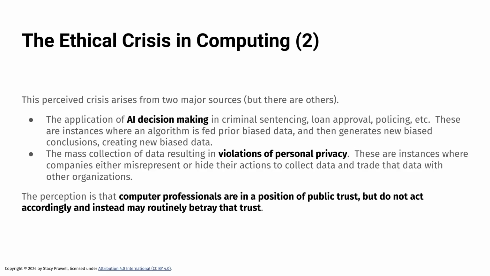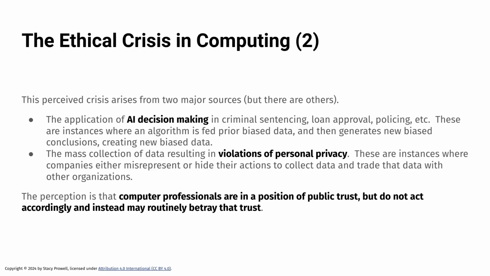The application of AI decision-making in criminal sentencing and loan approval, policing, and so on. These are instances where an algorithm is fed prior biased data, and then it generates new biased conclusions, which subsequently create new biased data. The bias was baked in at the start, and it doesn't go away by putting it through a computer.